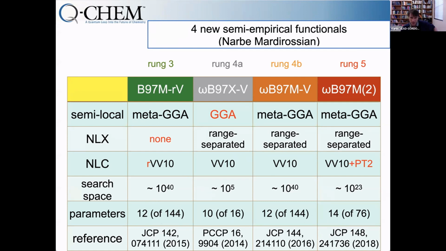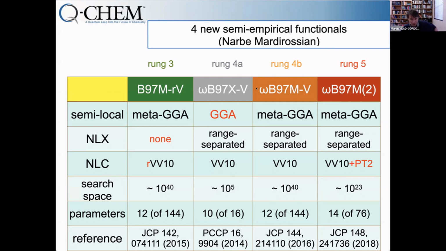So in fact, we only take a very small fraction of the fitting flexibility that our functional space allows. Even the GGA, we only take 10 of the 16 that we could have allowed. So yeah, that's interesting.